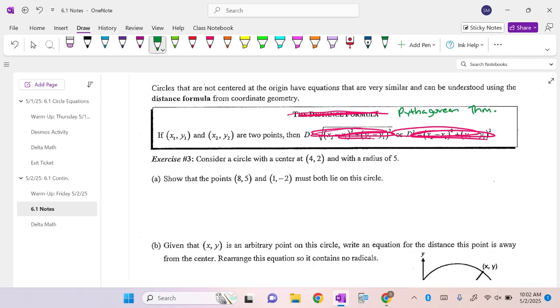And what that means is that we're going to take, then graph the points and create a right triangle.